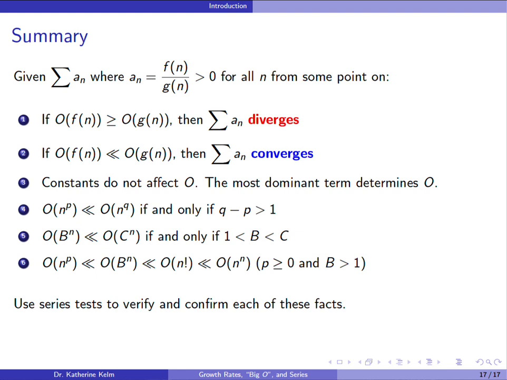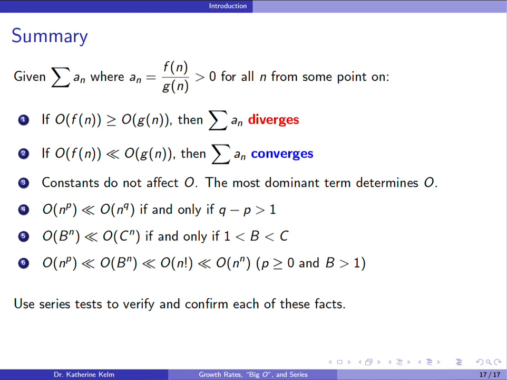We learned that for power functions, big O of n to the p is sufficiently smaller than big O of n to the q if and only if q minus p is strictly greater than 1. We learned that big O of b to the n is sufficiently smaller than big O of c to the n if and only if b and c are bigger than 1 and b is less than c.